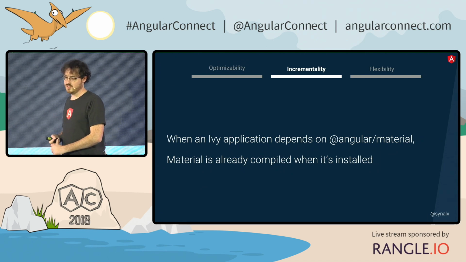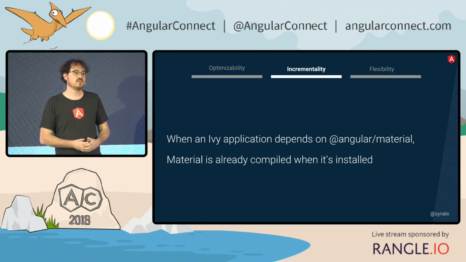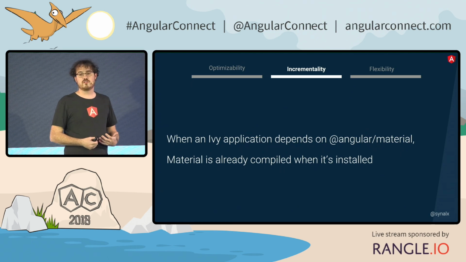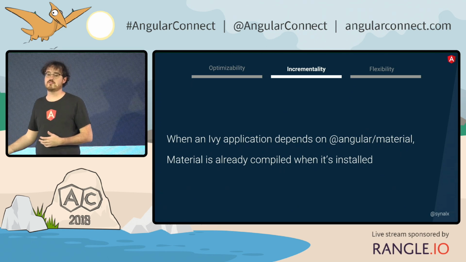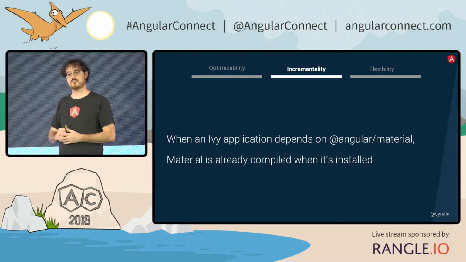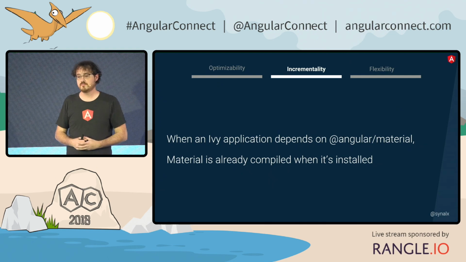It would run ngc, which would generate ng factories for the templates and other Angular types in your application. But ngc would also compile the components and directives in all of the libraries that you were importing, all of your dependencies. So we would compile those libraries during the application build.